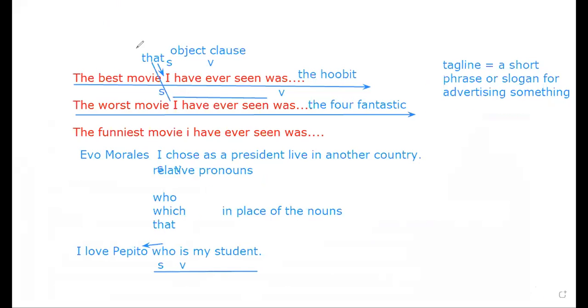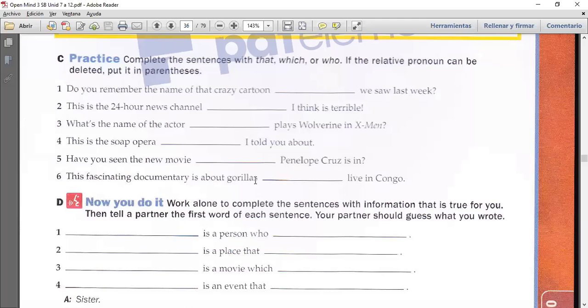Evo Morales, and I can put "who" in parentheses. Why? Because it's possible to delete. Evo Morales, (who) I chose as a president, lives in another country. It's possible to delete. Okay? In that way, for tomorrow, please do this part.